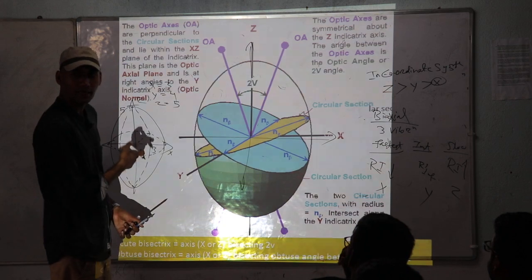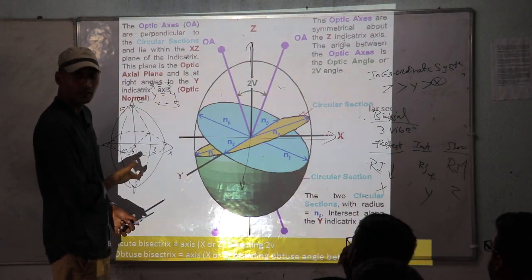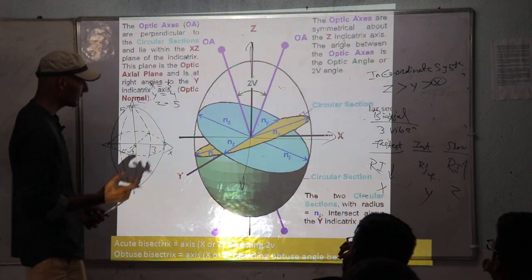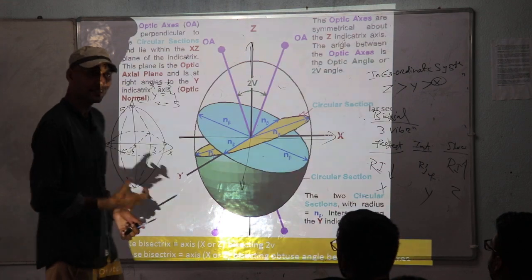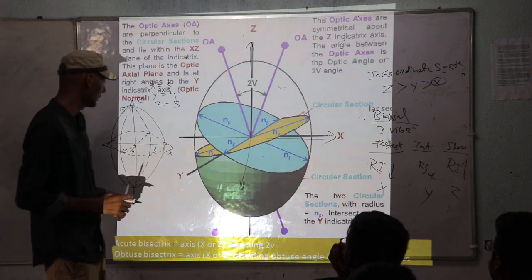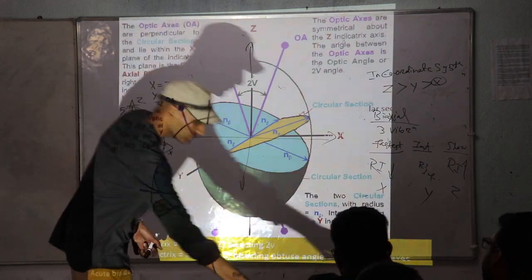Now see whether you are getting a circular basal section. XY is the basal section here. Is it circular? No. That's why I told you in the previous slide that the basal section should not be circular. When there is an optic axis, the perpendicular section will be circular. So here the basal section is elliptical.